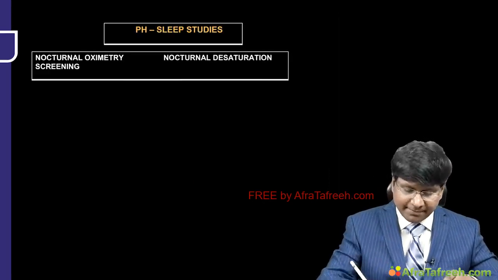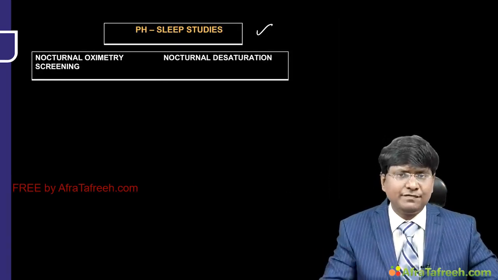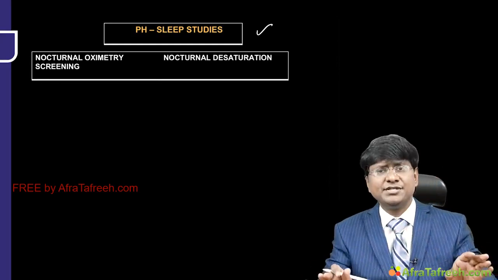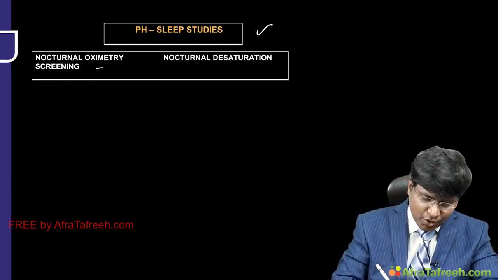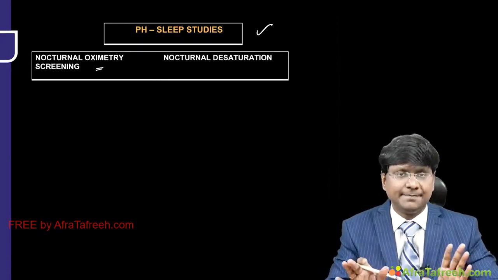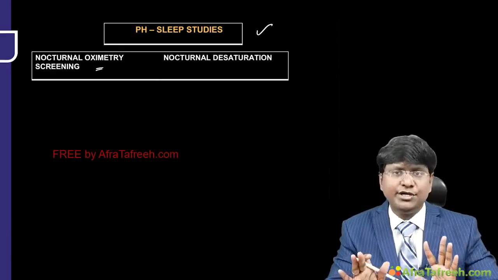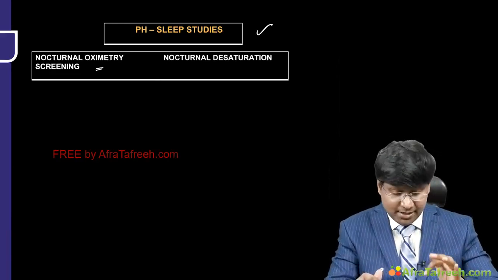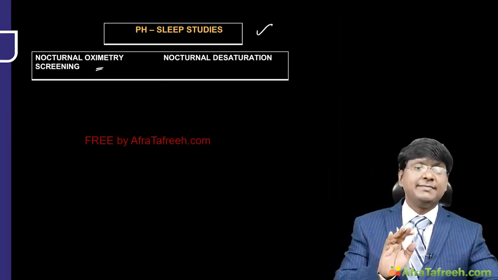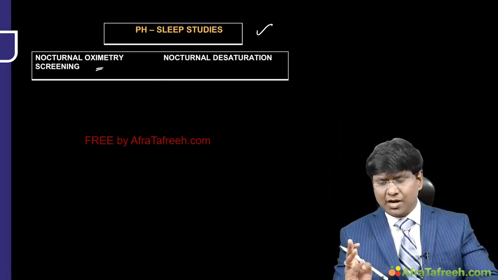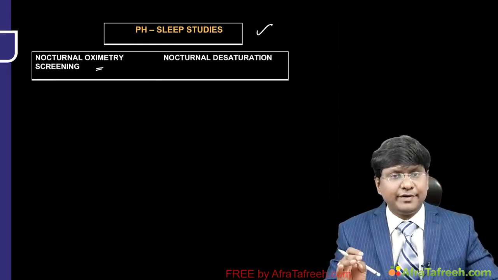Then what will be the abnormalities of the sleep studies in patients with pulmonary hypertension? In patients in whom you suspect pulmonary hypertension, you need to do nocturnal oximetry screening. Those individuals who have sleep disturbances need sleep studies, and in that you need to do nocturnal oximetry screening. It might be obstructive sleep apnea, or it might be obesity hypoventilation syndrome.